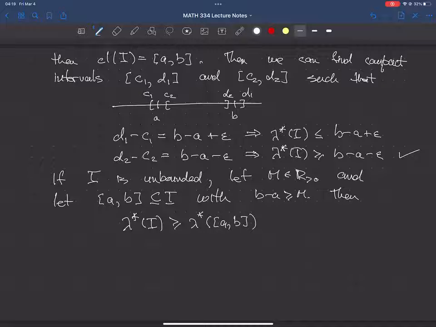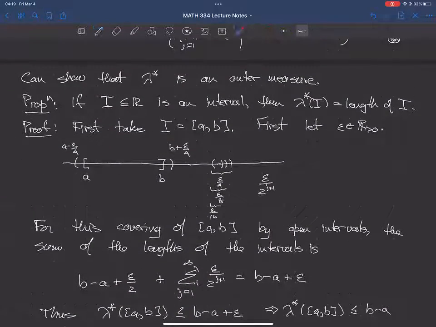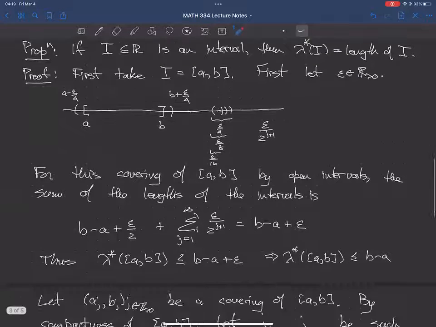But I've already shown that the Lebesgue outer measure of the compact interval [a,b] is b minus a, which is greater than or equal to M. And this must be true for any M, because for any M you can find a compact interval of length larger than M contained in an unbounded interval I. And so therefore, the Lebesgue outer measure of an unbounded interval must be infinity. All right, so that proves this important fact that the Lebesgue outer measure generalizes the length of an interval.